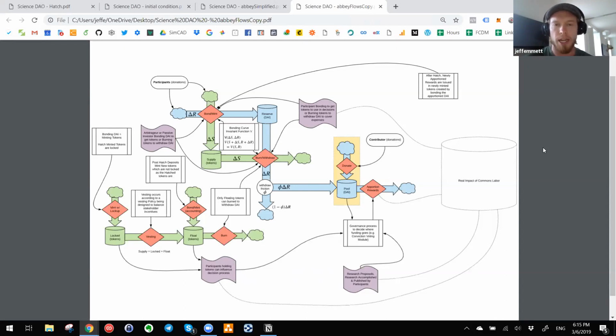So all of these diagrams are more or less the equivalent of a circuit diagram that you would plug into a circuit simulation tool like Spice. But you can plug these into a complex systems engineering tool, which we're calling CAD. And all of this can be simulated to determine how this system will react under various circumstances.